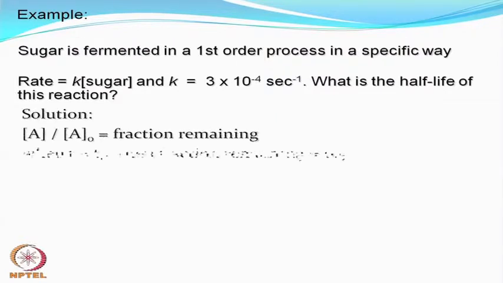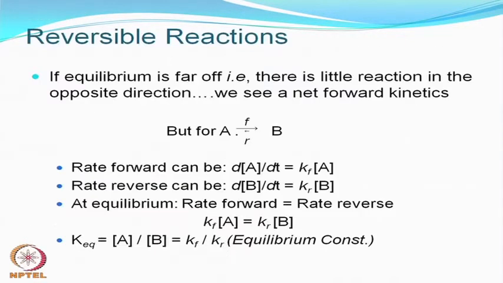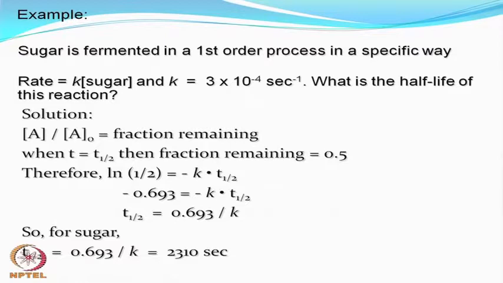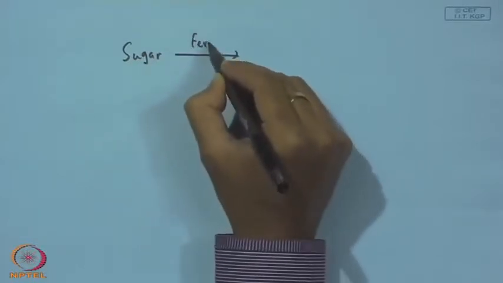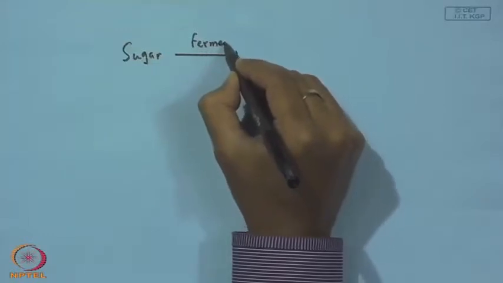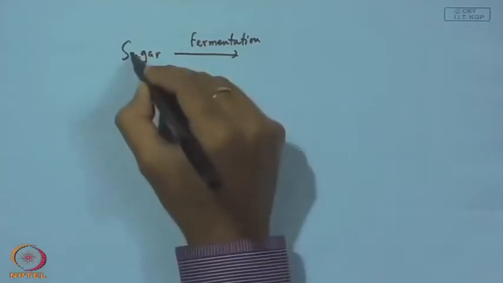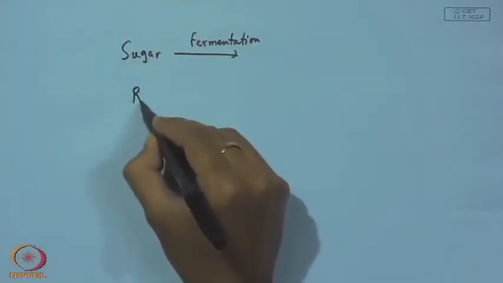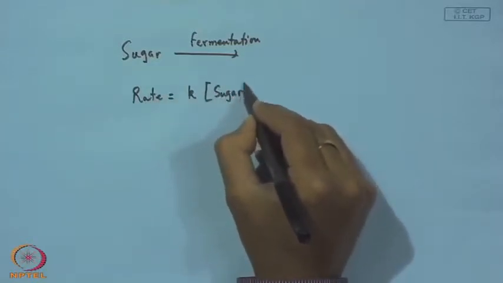There is another example of t half. Sugar is fermented in a first order process, where the reaction is fermentation, producing other chemicals. So, rate is equal to k times [sugar] to the power 1.